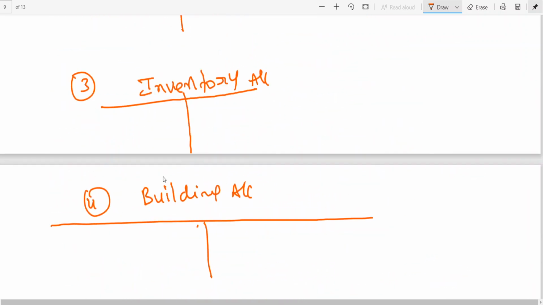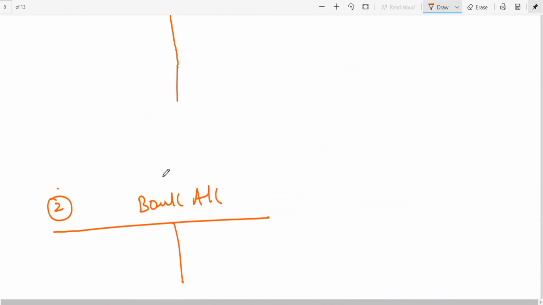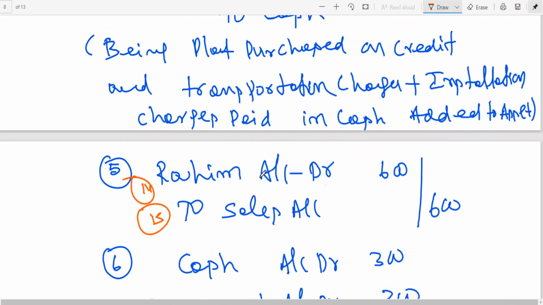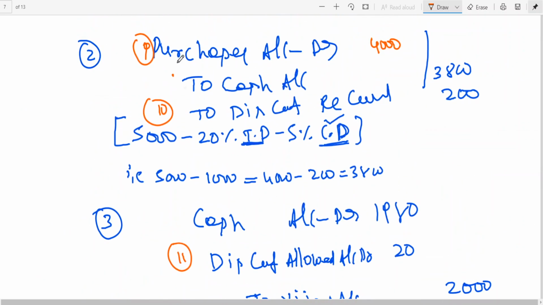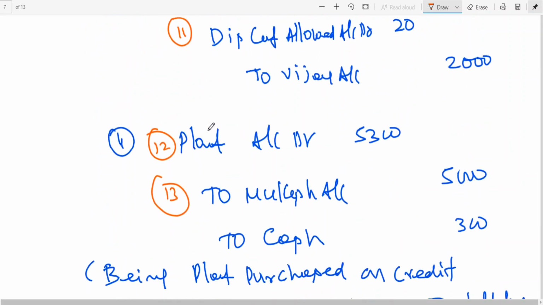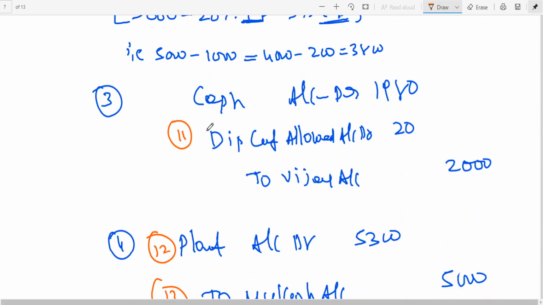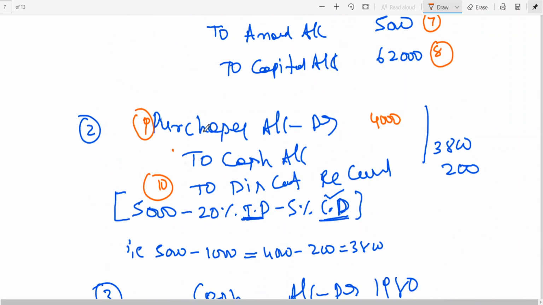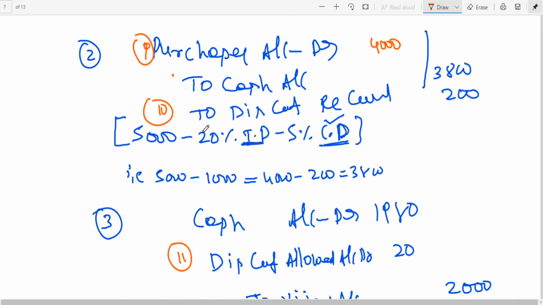Capital account, after capital account, ninth account I have given purchases, 10th discount received, discount allowed, plant, Mukesh. Okay, let me go one by one. Purchases, discount received.